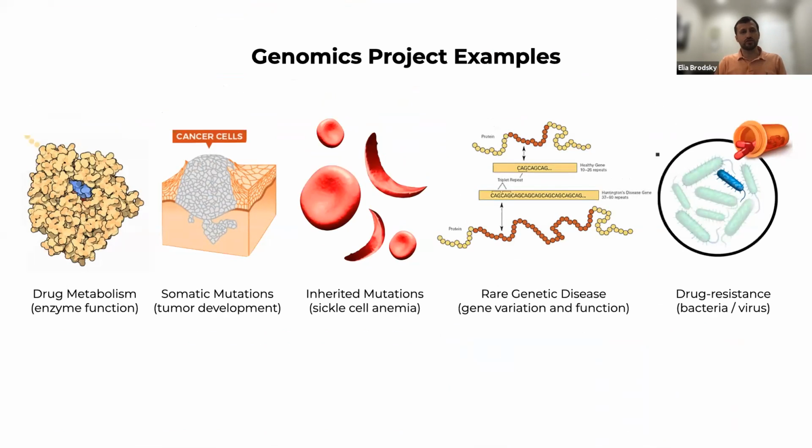You can also think of genomics in application to cancer, so somatic mutations in tumor development, inherited mutations like in sickle cell anemia, where the adaptation to different diseases has led to these phenotypic changes that are now causing some kind of a susceptibility to disease. Rare genetic diseases could be linked to repetitive elements in our DNA, and also drug resistance.